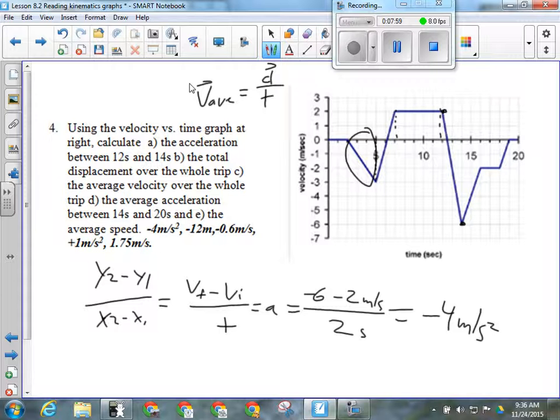Because for half of this 3-second interval, I would be going slower than this value, and for half of this interval, I would be going faster. That makes the halfway point the average velocity. That's why we say that you can just calculate all the areas. When you do that, you're really just doing average velocity times time equals displacement. So you find it for each section, and then you can add them all up at the end.